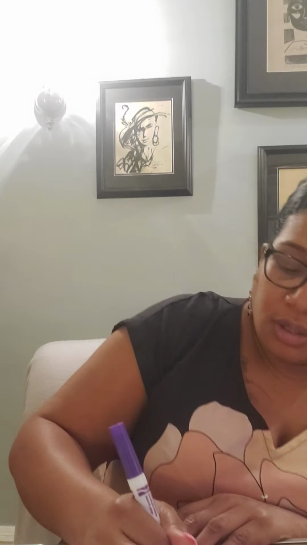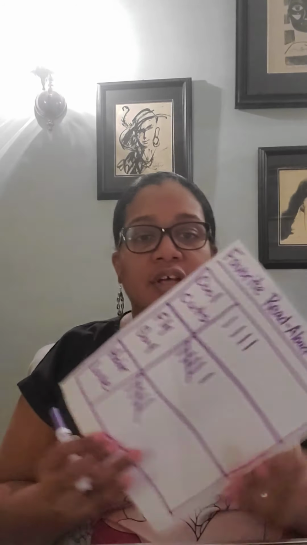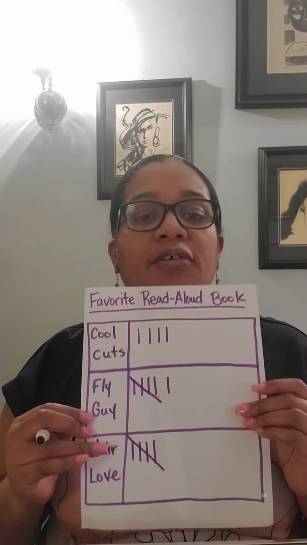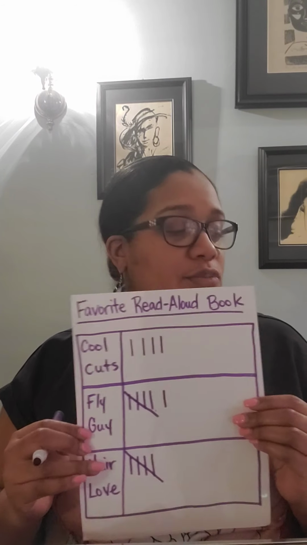All right, so let's go ahead and let's find out how many people liked Hair Love. All right. 1, 2, 3, 4, 5. 1, 2, 3, 4, and 5. There's my group of 5.